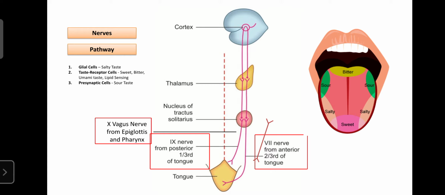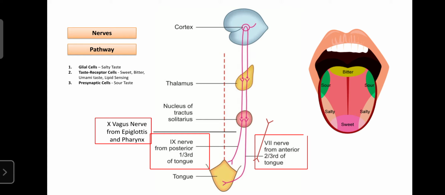The action potential is carried towards our cerebral cortex, to the taste centers that are present in the cerebral cortex.